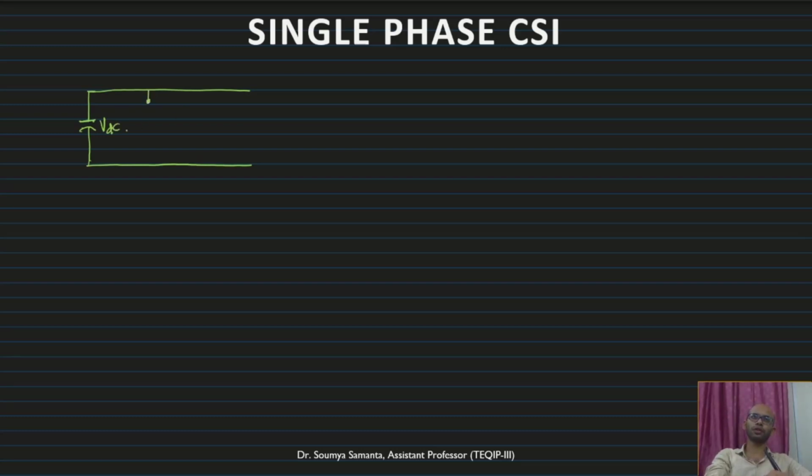If I present these generic switches, let us first connect this. This is pole A, switch 1. This is another switch, switch 2. This is pole B. Now we connected the RL load across these two; this is the load terminal.